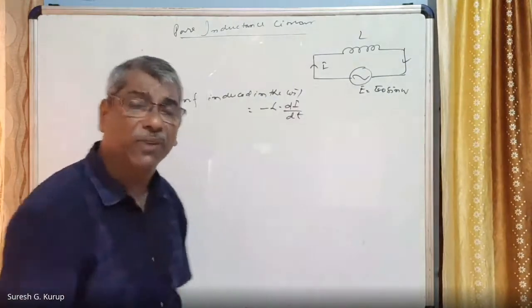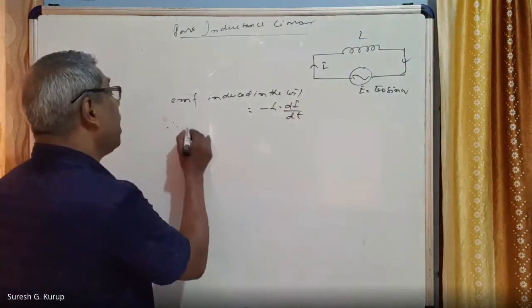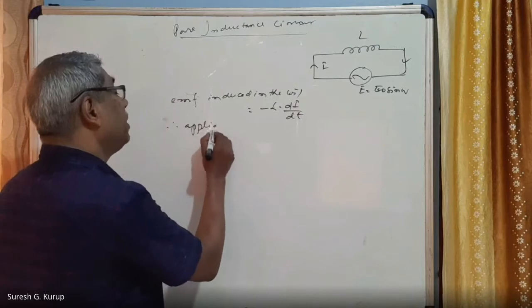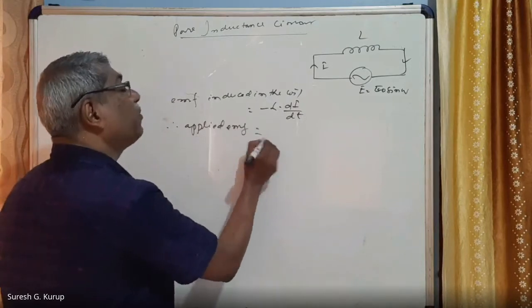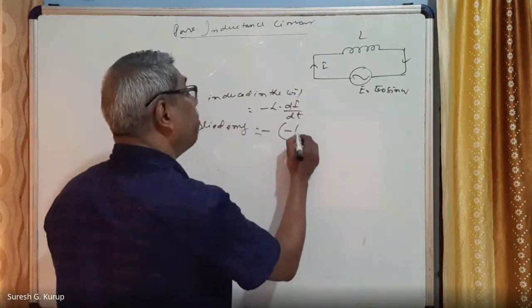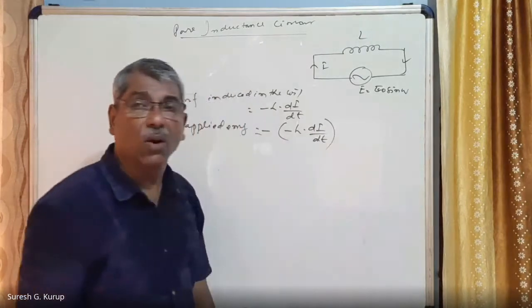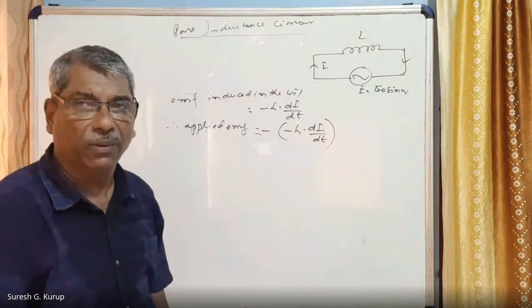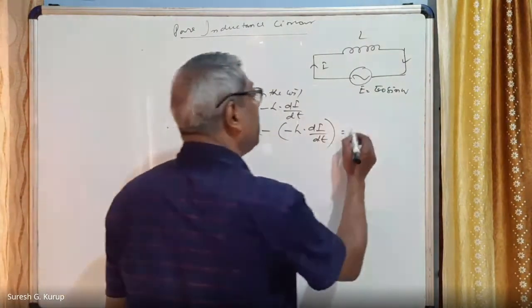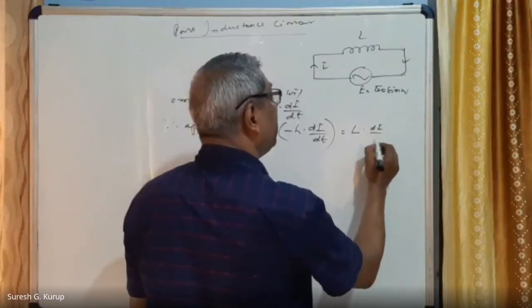Therefore, the applied EMF is equal to minus of minus L into di by dt, because the applied EMF is opposite to the induced EMF. This is equal to L into di by dt.